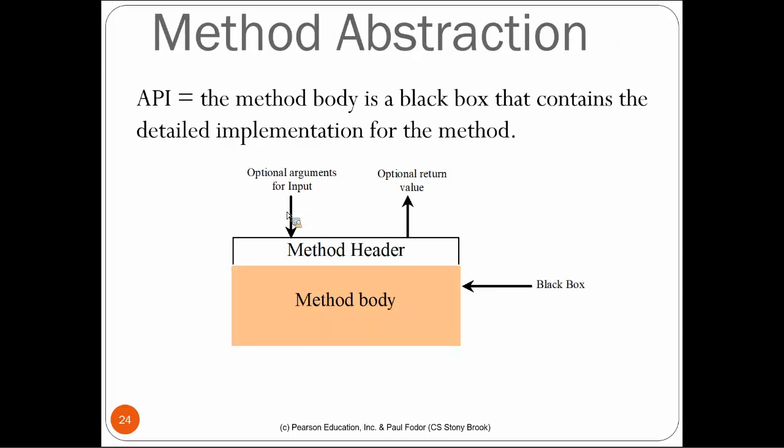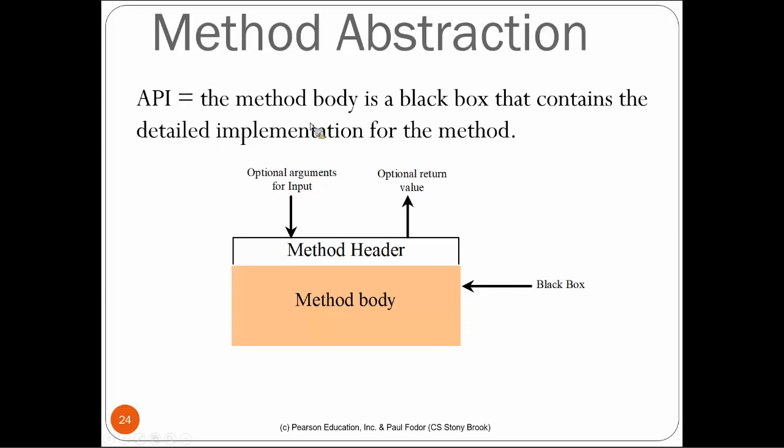So the set of methods that is available from a class, or the application programming interface, API, is basically the set of all the possible method signatures that are available from a class. So the method body is like a black box.